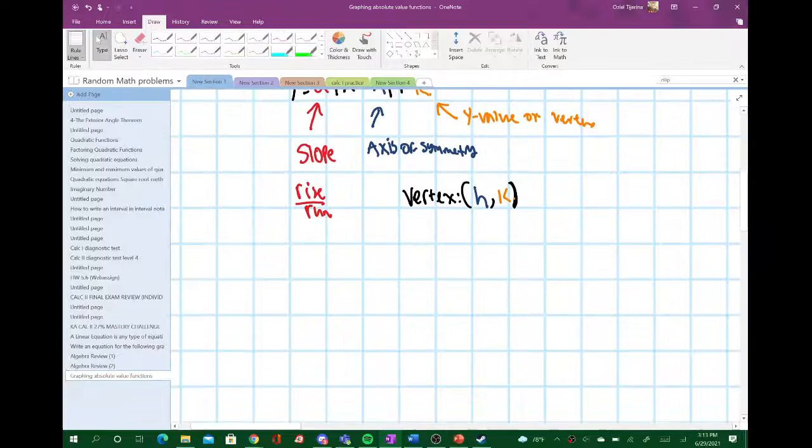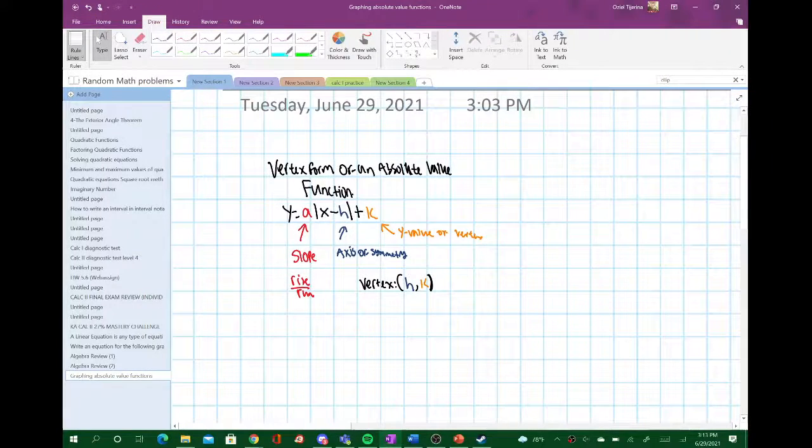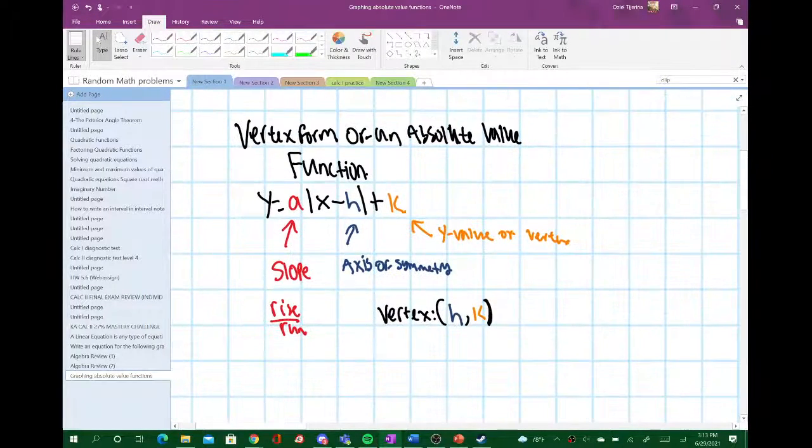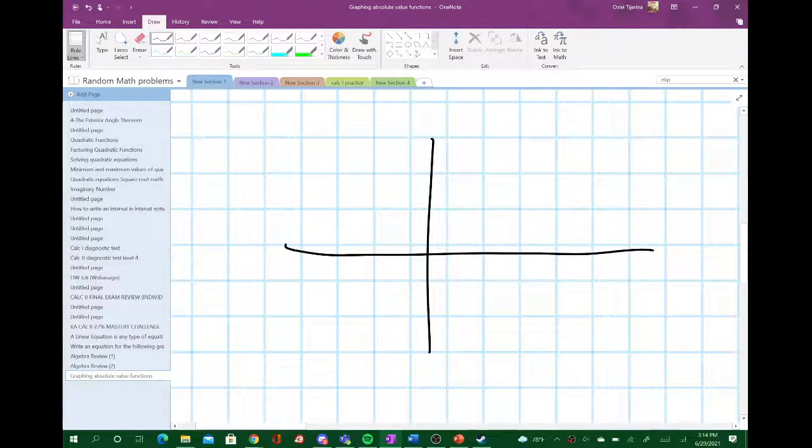So this is what the form of an absolute value function is, and we should try not to overthink it. This just means that any absolute value function that we have will have a v shape, and this will be the vertex h, k.